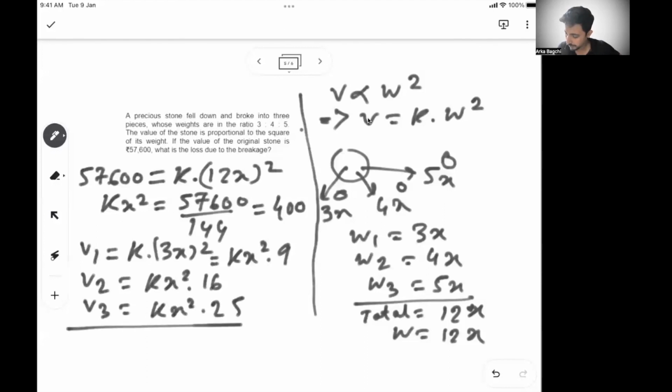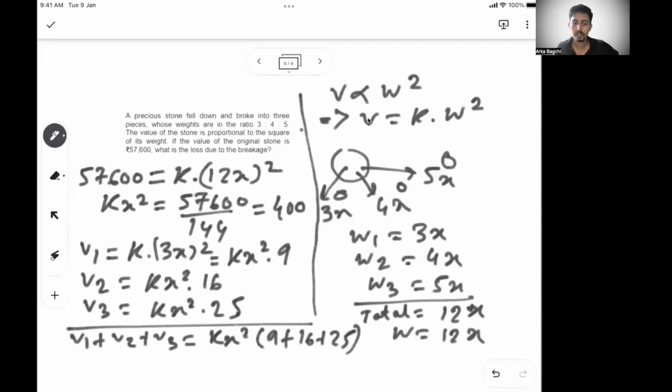So if I add all these individual values, V1 plus V2 plus V3, it becomes Kx square into 9 plus 16 plus 25. So 9 plus 16 plus 25 is 50. So 50 into Kx square. Now Kx square I know is 400.